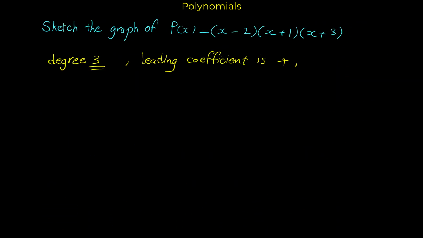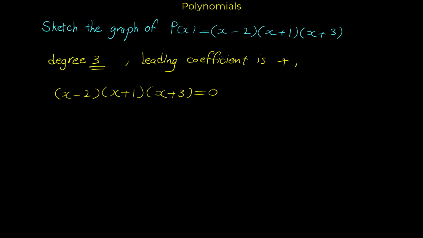The other thing that can be helpful for graphing a polynomial function is finding the x-intercepts. When the polynomial is in factored form, finding the x-intercepts is very easy. We set the equation of the given polynomial equal to 0. These brackets multiplied by each other equal 0.